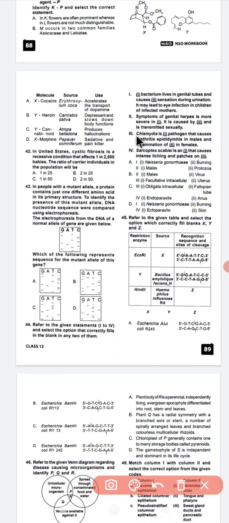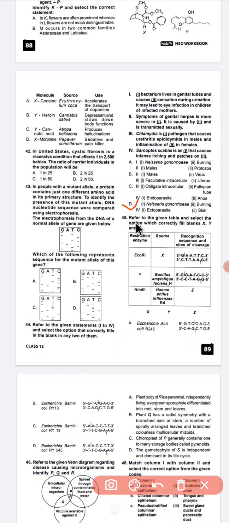Next one is, chlamydia is a pathogen that causes urethritis and epididymitis in males and inflammation in females. And the last statement is that Sarcoptes scabiei causes intense itching and patches in skin. Now you have to choose the best answer option, and in this question 44, the correct answer option is D.